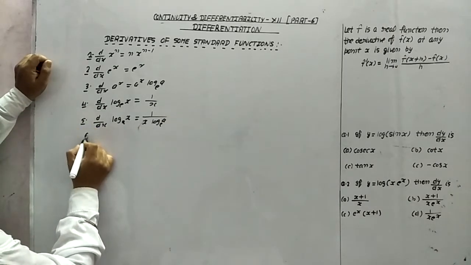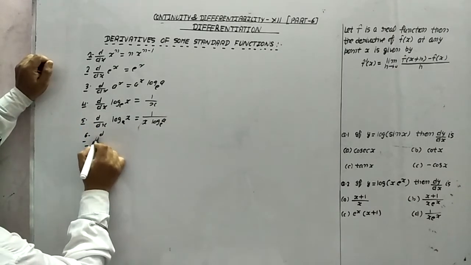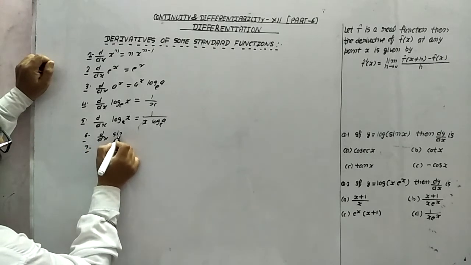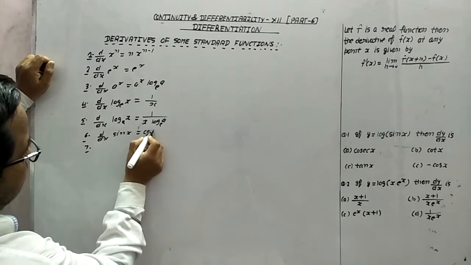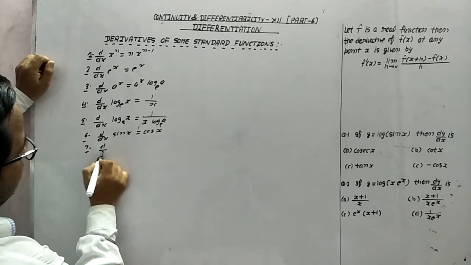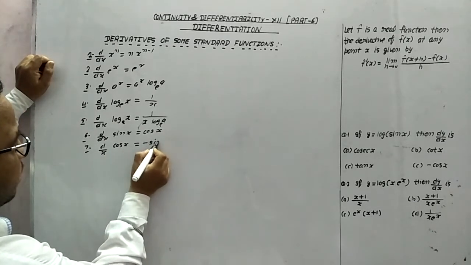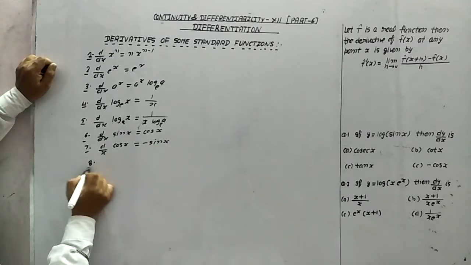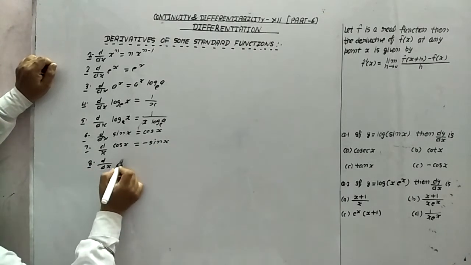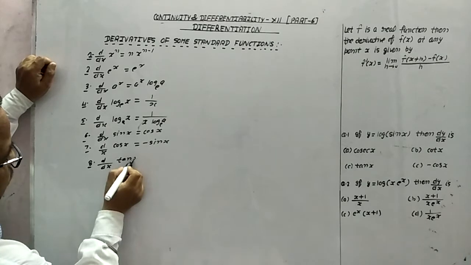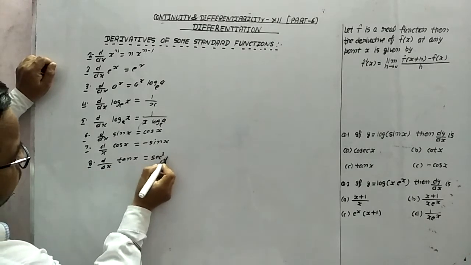Now d by dx of sin x is equal to cos x. Then d by dx of cos x is equal to minus sin x. Then d by dx of tan x is equal to sec square x.